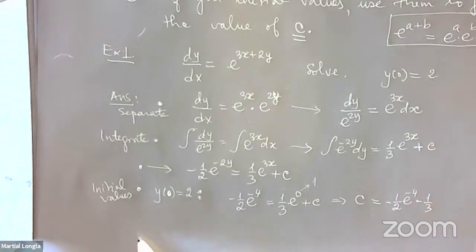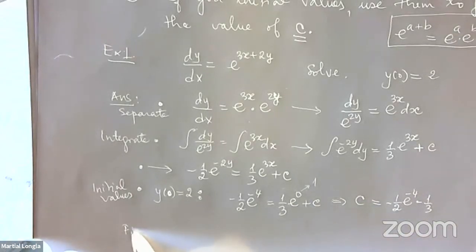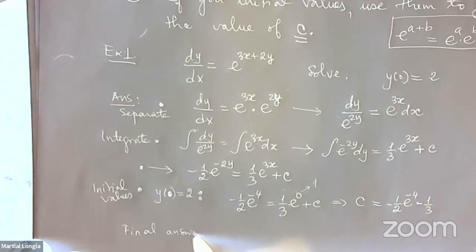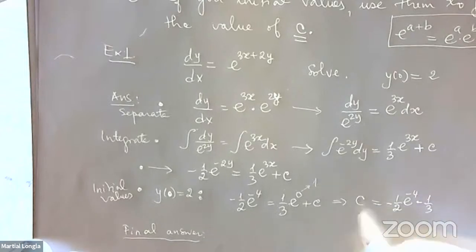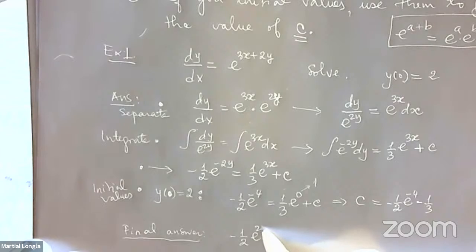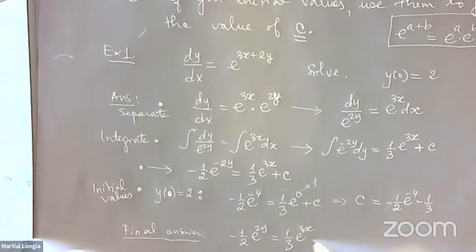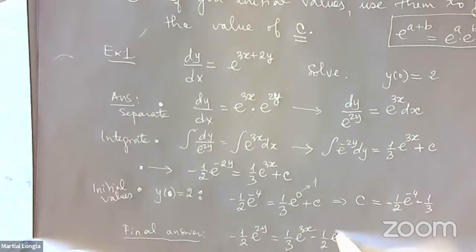And now with that value of C, you can go back and write down the final answer. That is minus 1/2 e to the 2y equals 1/3 e to the 3x plus C, and C is minus 1/2 e to the minus 4 minus 1/3.